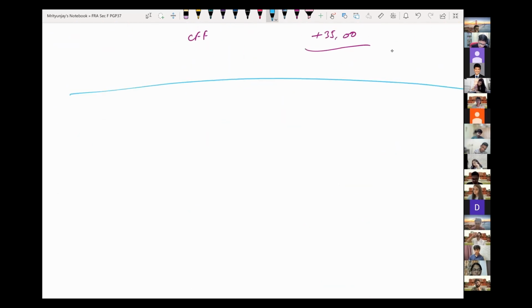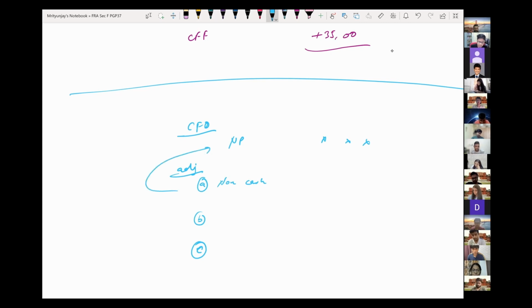Basically, let's say I'm trying to calculate CFO. First of all, my first step would be to write my net profit here, something blah blah blah. And then I will do adjustments. Now these adjustments are of 3 types, type A, type B, and type C. One is non-cash items, which are there in the income statement, but because they are non-cash, we need to reverse them.